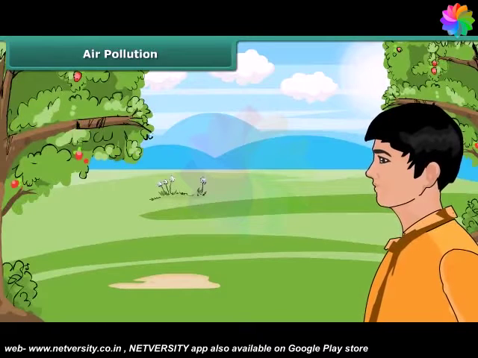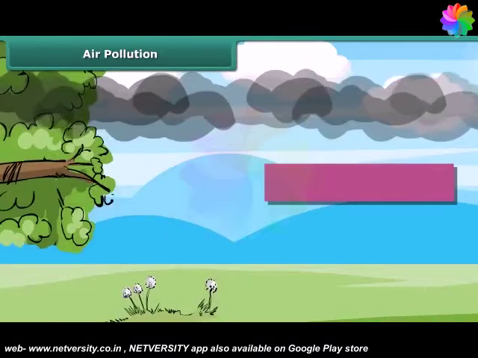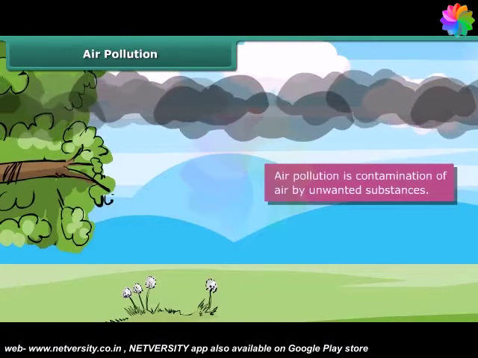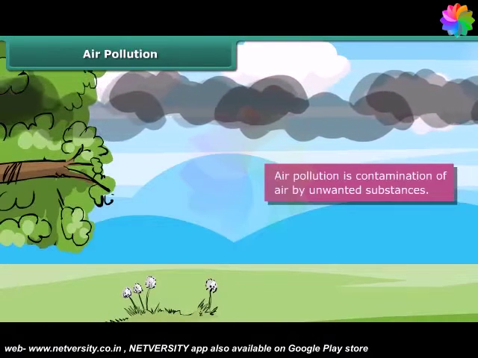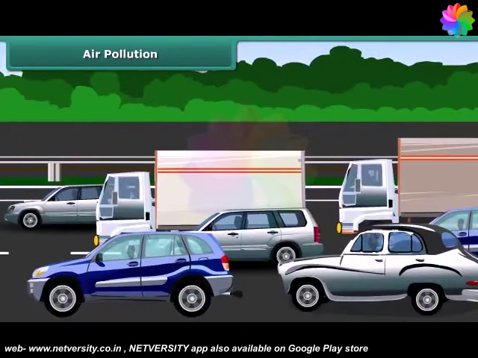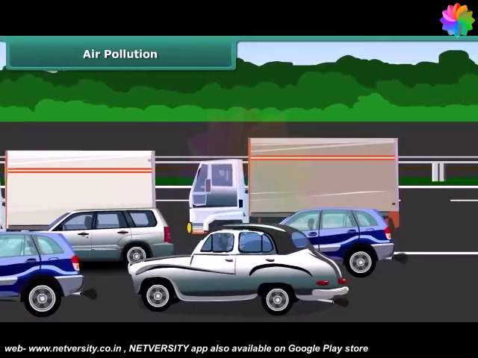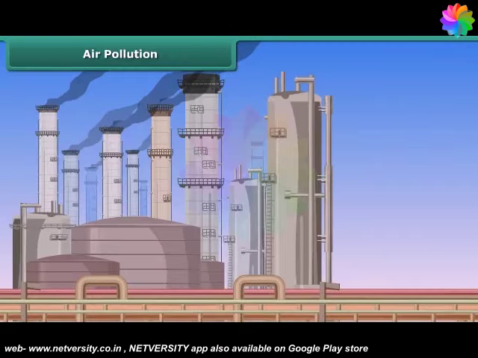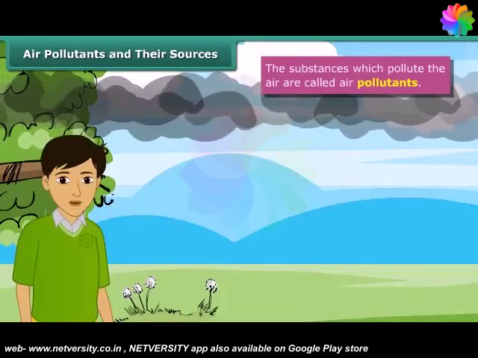Air is necessary for our lives, but air is getting polluted day by day due to the presence of unwanted substances in it. Now you would like to know where these substances come from. These are released when fuels burn in vehicles or factories and power plants produce them as gaseous wastes. Which substances pollute air?